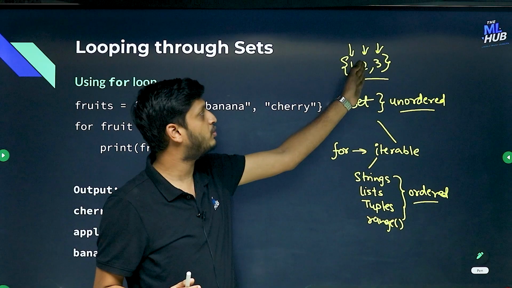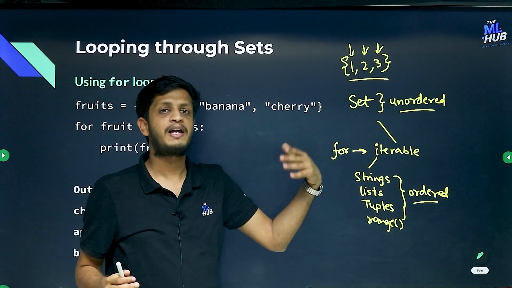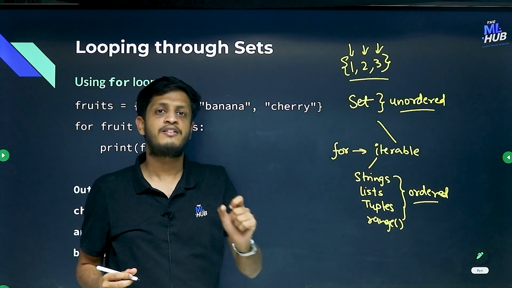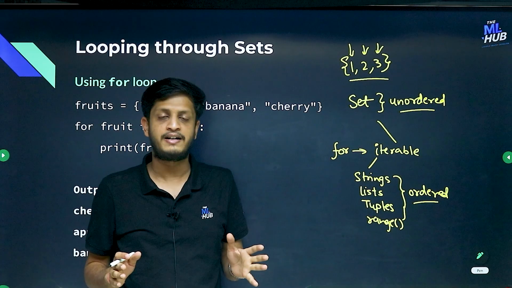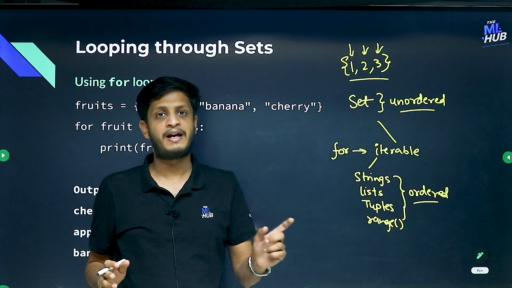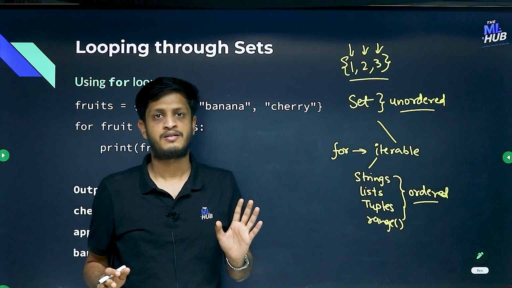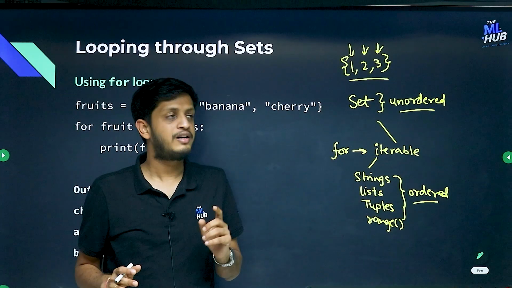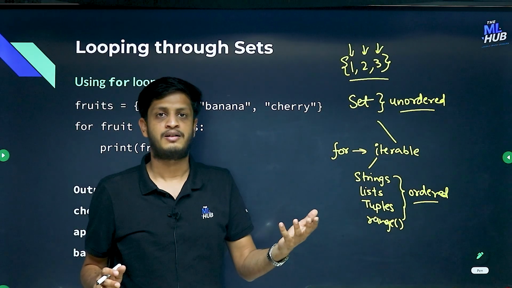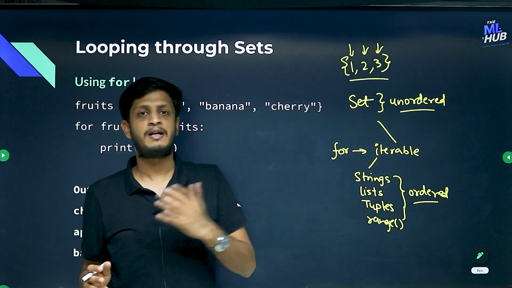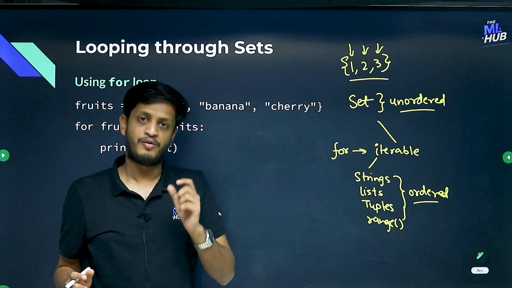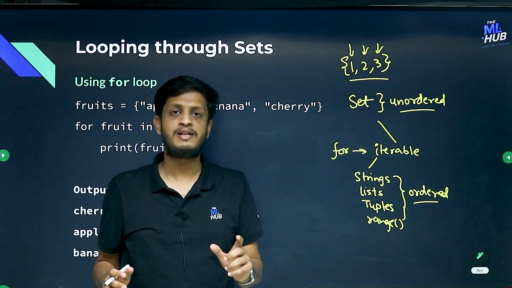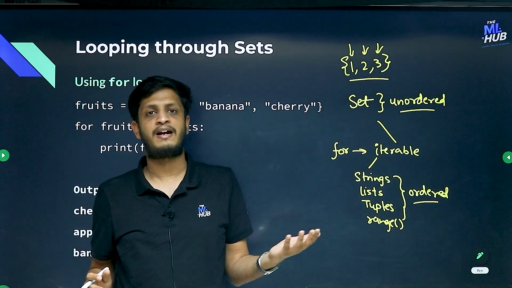You might get 2, then 3, then 1. So when you are applying a for loop on a set, the order in which the elements will be accessed is not guaranteed, but all the elements will be accessed exactly once. It is an iterable. It is not that it will give 1 and then again 1. So the next element is not independent of the first element. You will access all the elements exactly once. It's just that the order is not guaranteed.